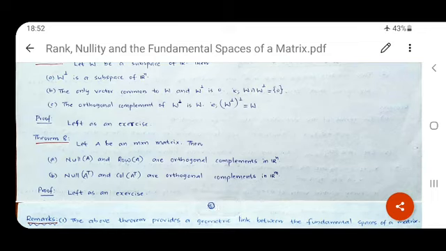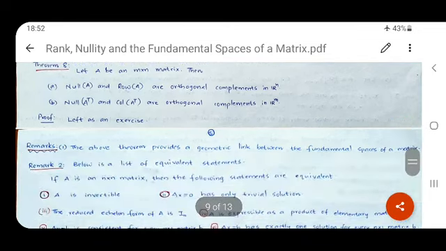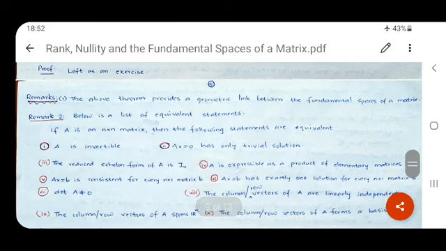Next theorem, let A be an m-by-n matrix, then null space of A and row space of A are orthogonal complements in Rn. Also, null space of A transpose and column space of A are orthogonal complements in Rm. This is again left as an exercise. So we have certain remarks again.